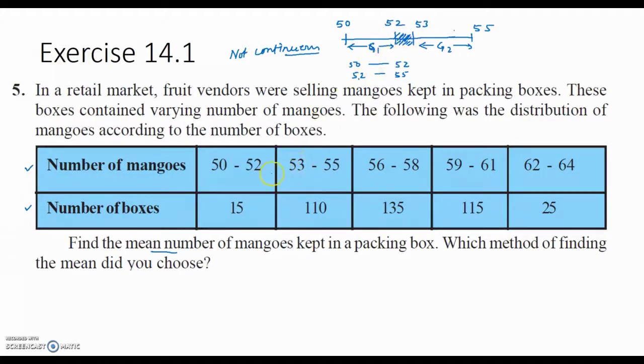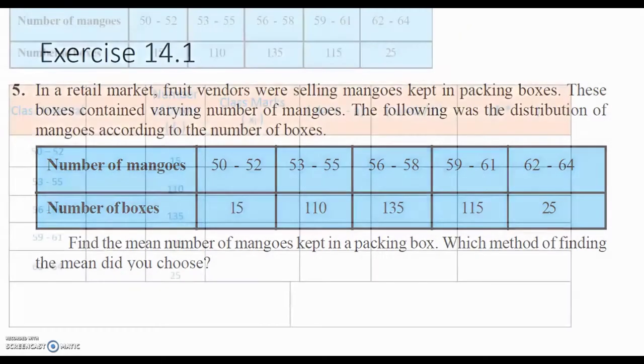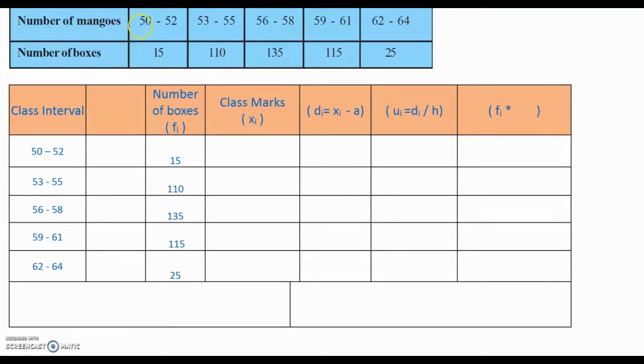So we have to find out how we can make the classes continuous if they are not already. How do we do that? Let me write this again: 50 to 52 here, and the next grouping is from 53 to 55.